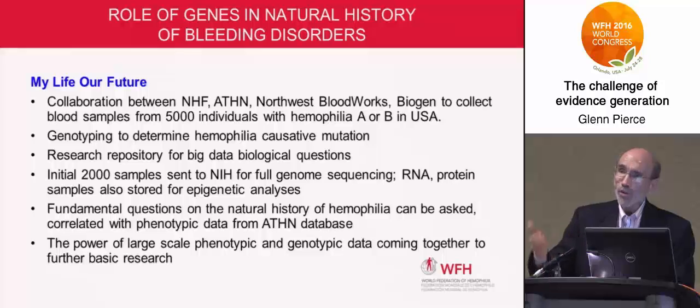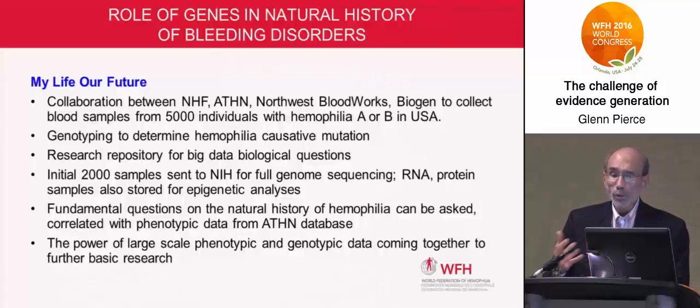The first purpose of doing that is to genotype patients with hemophilia A or B. Unlike in many places in Europe, genotyping has not been done routinely in the United States. And so this would answer the question of what the mutation is, the causative mutation for hemophilia.